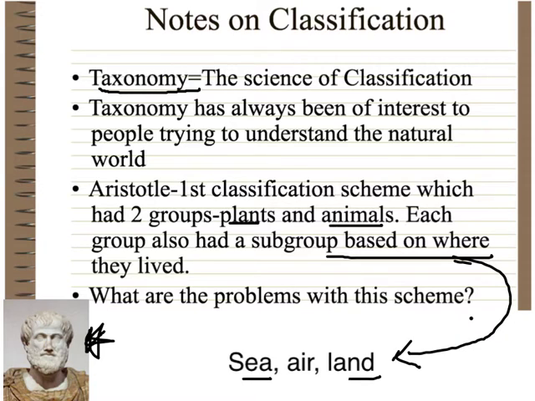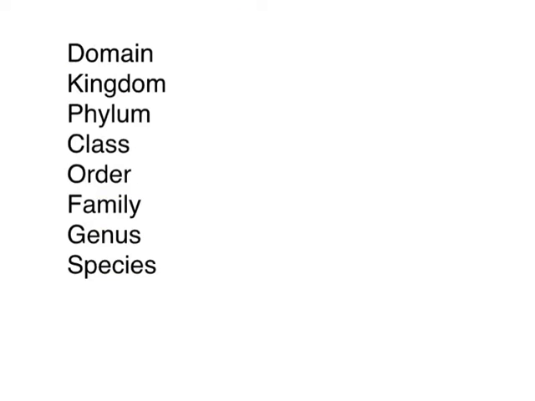Because they're all sea animals. The problem is they don't really belong grouped together because they have different ancestry and they evolved along different lines. You know, you don't group mammals with crustaceans like a lobster and a whale. You don't group fishes in with either of those groups. So there's some obvious problems with this scheme, and it didn't stick around.